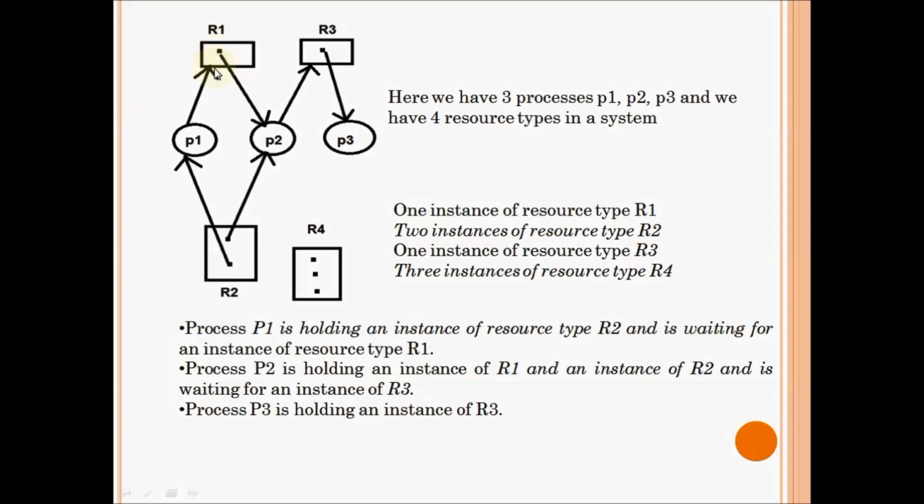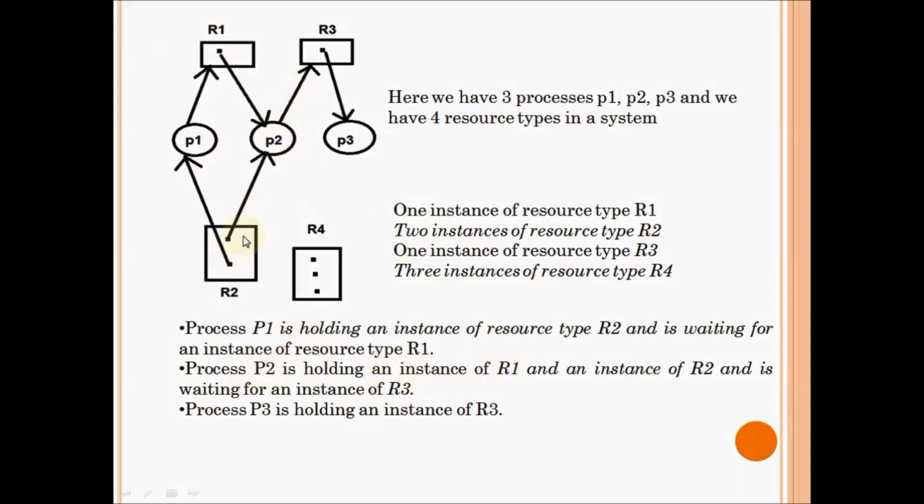So here process P1 is requesting the resource type R1. If it is free, then it will allocate, but it is already holding the resource R2, process P1.